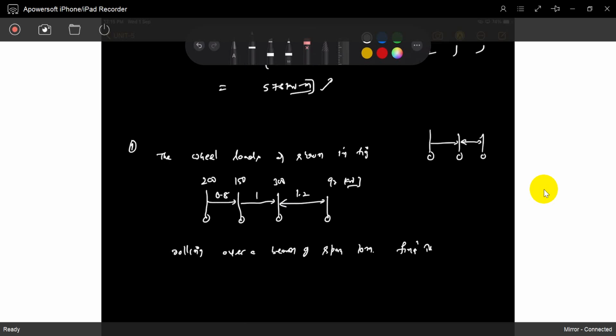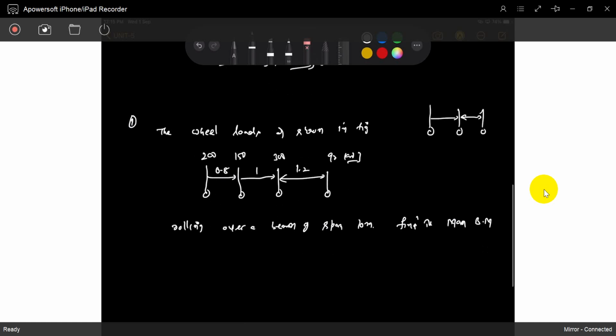Find the maximum bending moment that can occur at a section 4 meters from the left end.